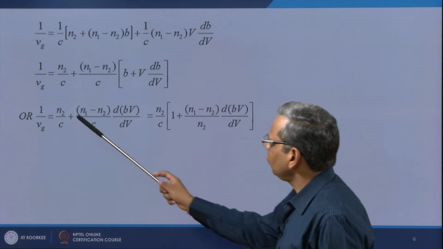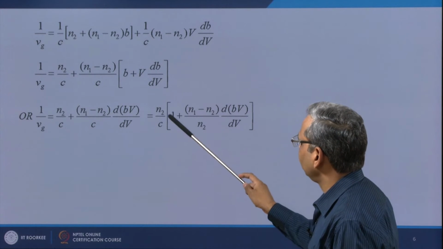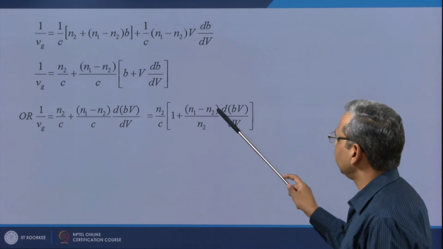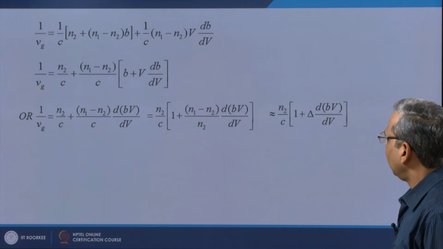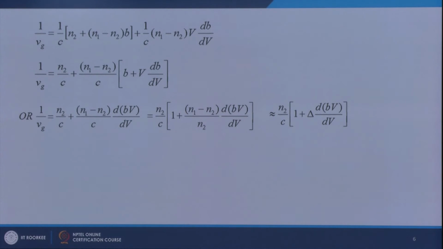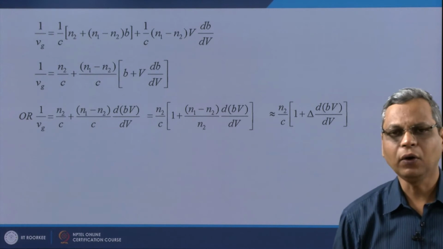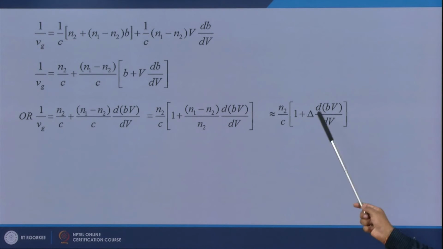Now, I take n2 by c common, and then I can write it as n2 by c times 1 plus n1 minus n2 over n2 times d(bV) over dV, and this I can approximate by delta. For a weakly guiding fiber, delta is n1 minus n2 over n1 or n1 minus n2 over n2, because it is a weakly guiding fiber. So, I can approximate it by this.